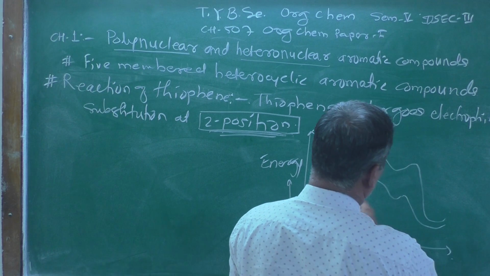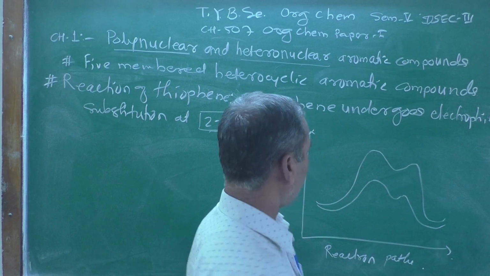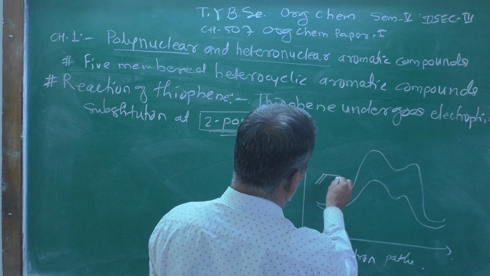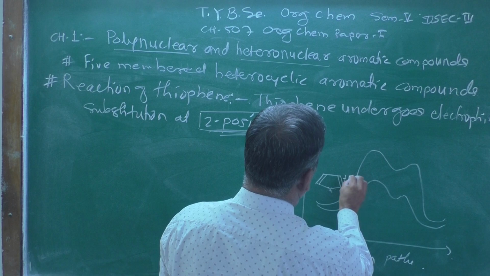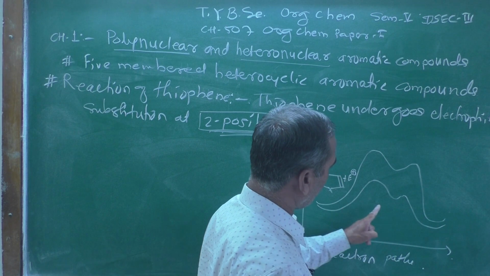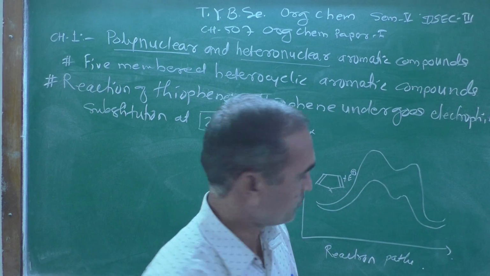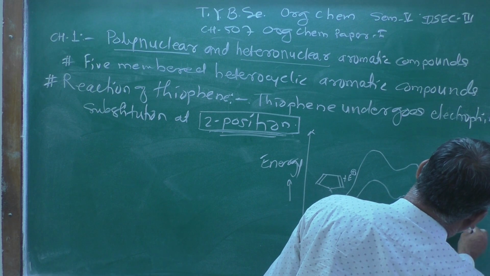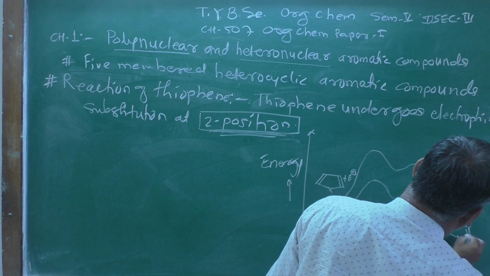Now, here we take a general heterocyclic compound, where I am representing X, and the attack of the electrophile at the C2 position, let us see, the product is formed. Suppose this is the product, let us say X, and the product is formed.